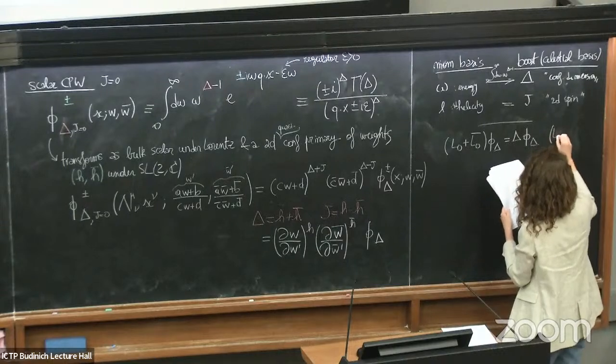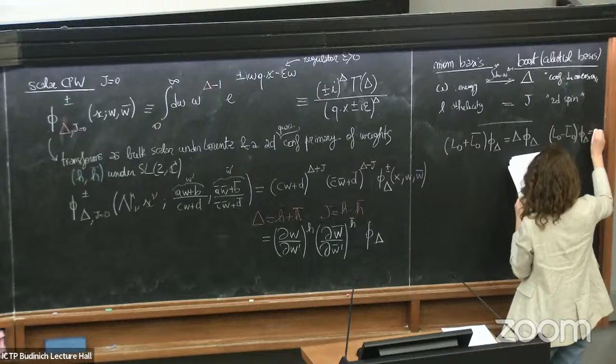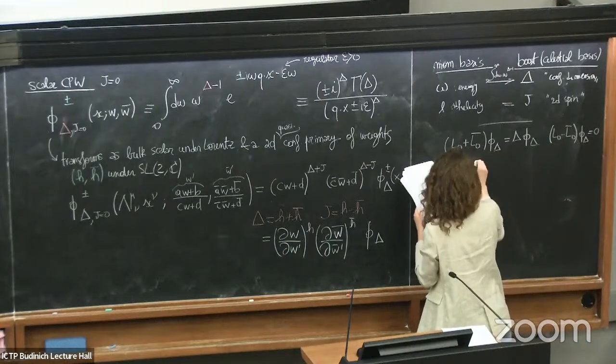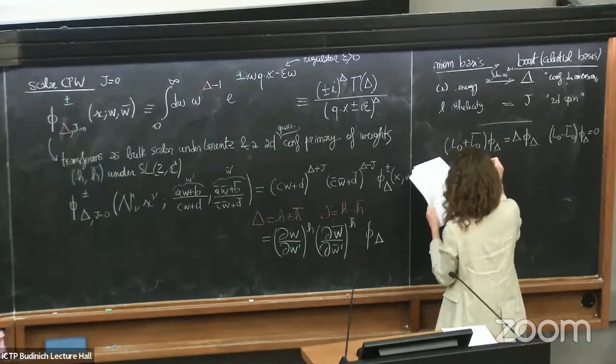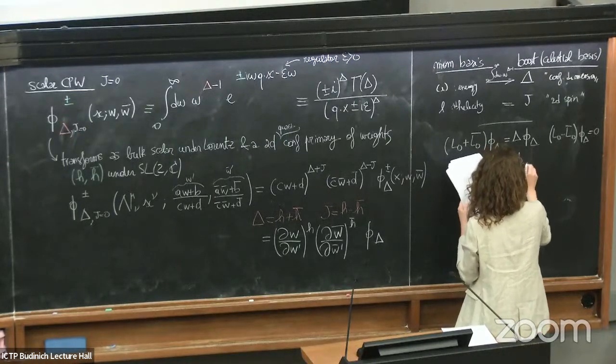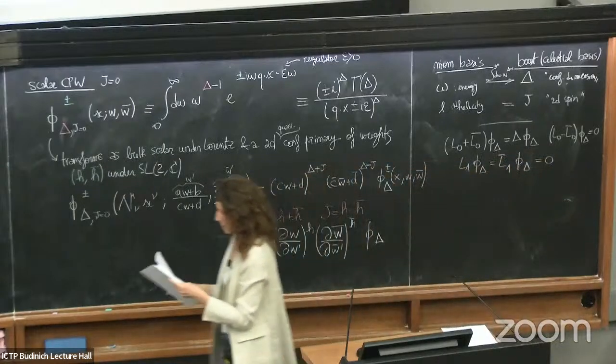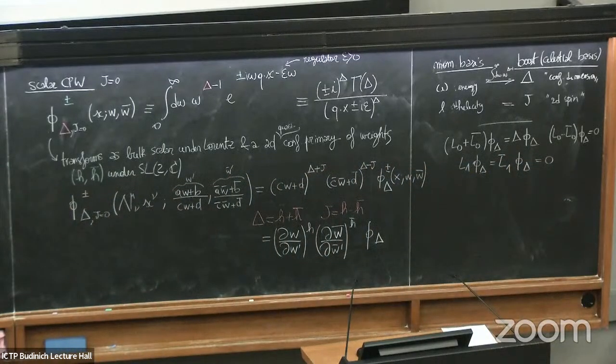So since this is a scalar, 0, they satisfy these relationships where these L are the Lorentz generators I've written before. Okay. So basically, now the action of the boost is diagonalized.